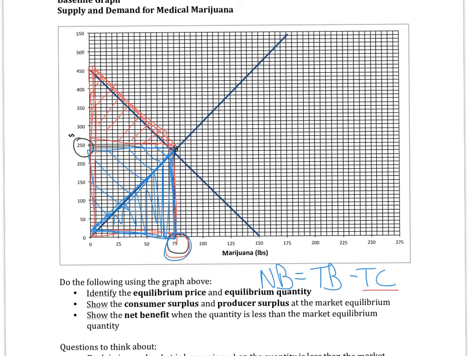If we look at the difference between the total benefit, this polygon here, and subtract out the total cost, this triangle here, the net benefit is this remaining triangle, which is the same thing as the sum of the consumer and producer surplus. So net benefit is just combining the consumer and producer surplus. You can think of those as equivalent ideas.